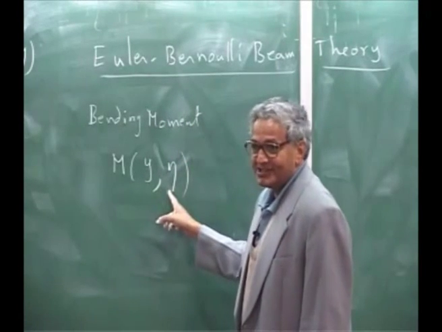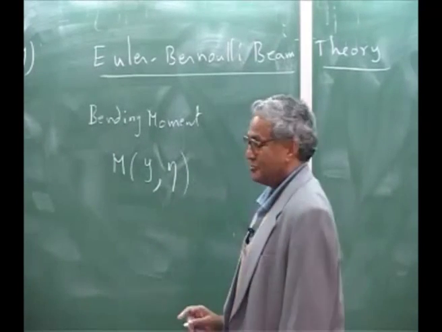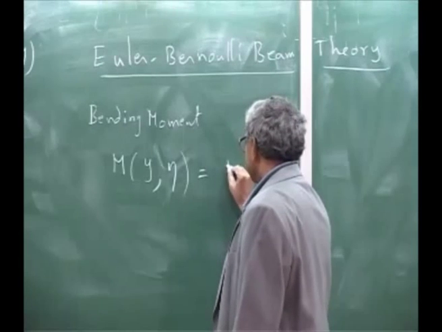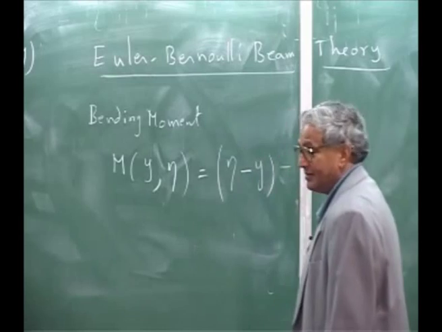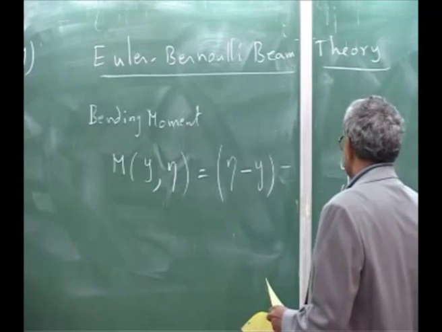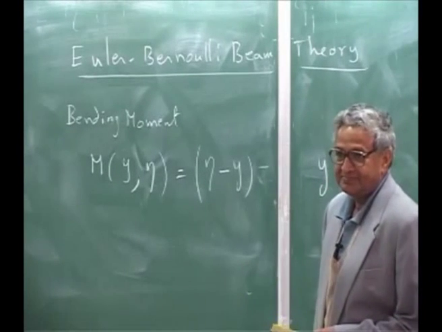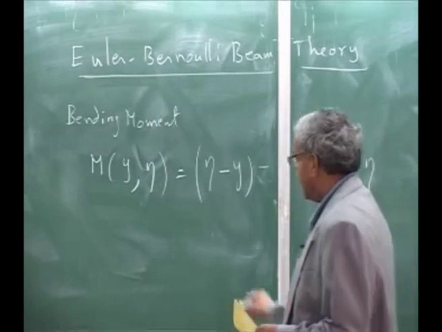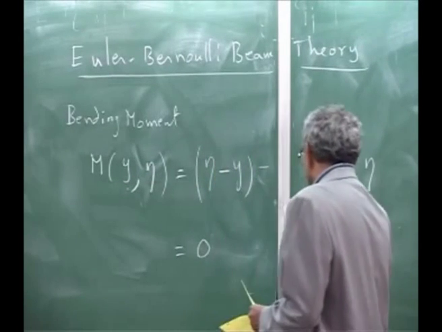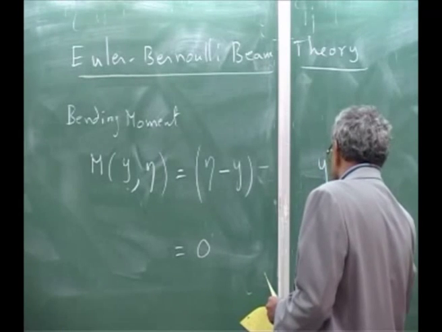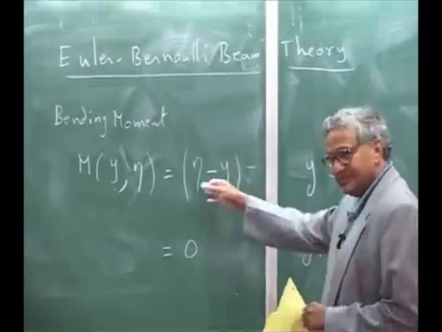Eta is the load application point, y is the location where you are getting the bending moment. This will be eta minus y when y is less than eta, and this bending moment is 0 for y greater than eta. Actually at y equal to eta, it's exactly 0.